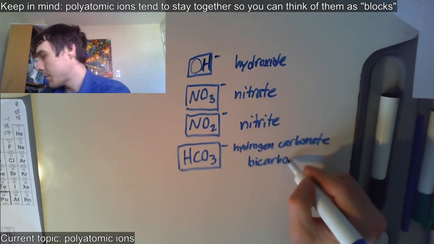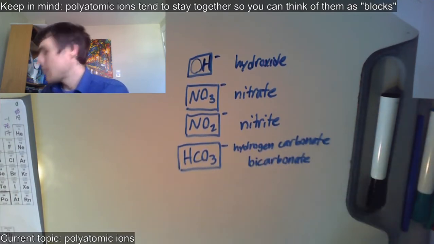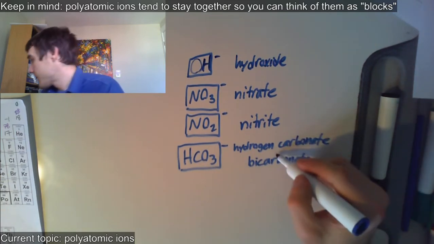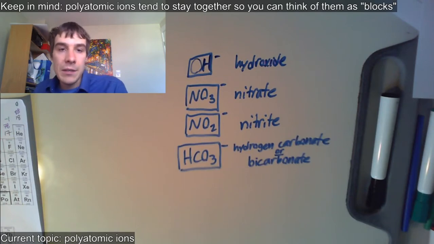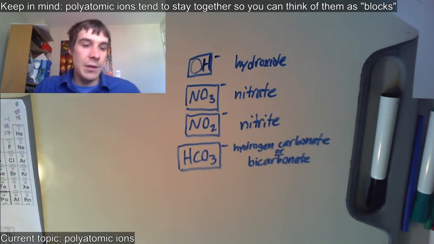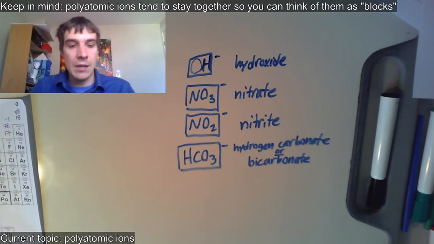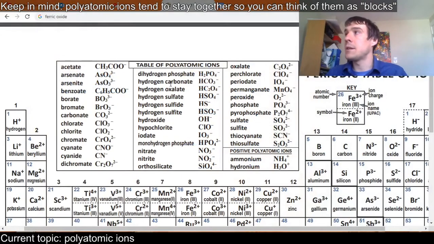It's bicarbonate. Bicarbonate. Hydrogen carbonate or bicarbonate. In my periodic table here, it's called hydrogen carbonate, HCO3 minus. Those are the common ones that have a charge of -1.